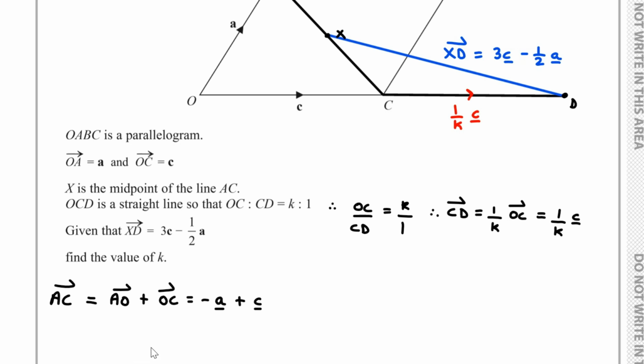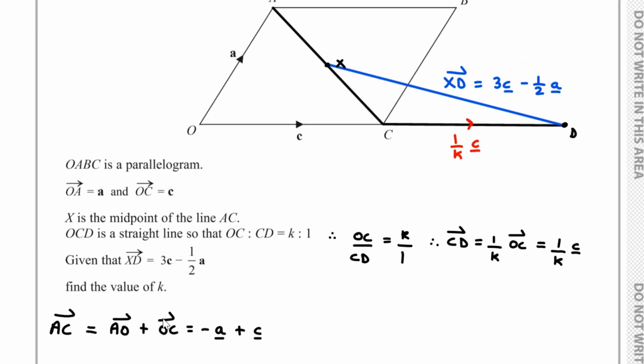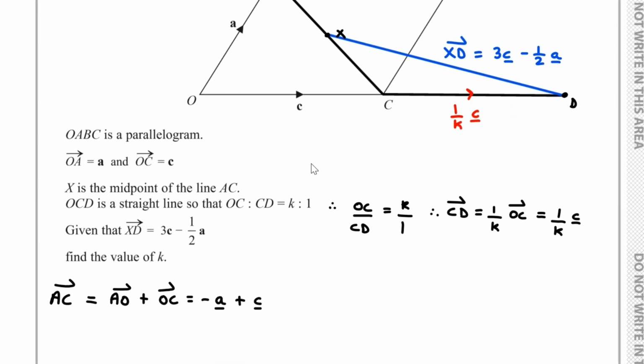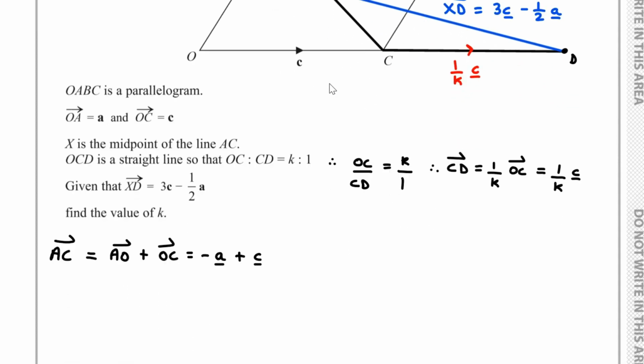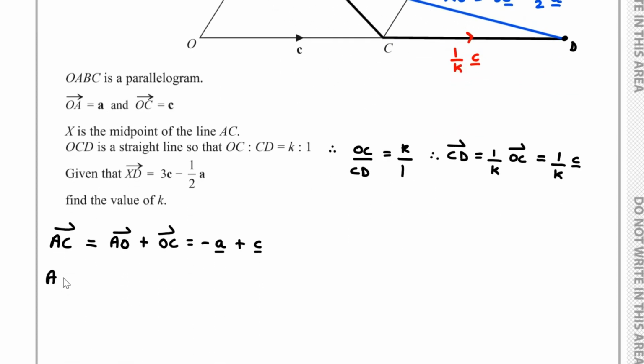So what we can now do is find out what AX is as well, which is going to be half of this. So AX, which is equal to XC, this is equal to 1/2 AC.